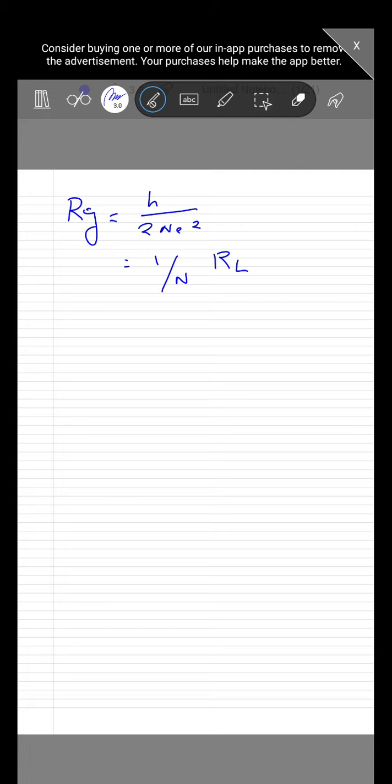Now n here is called the number of channels. That means quantum mechanically we can say that there are n types of electronic wave functions which can occupy the gap.